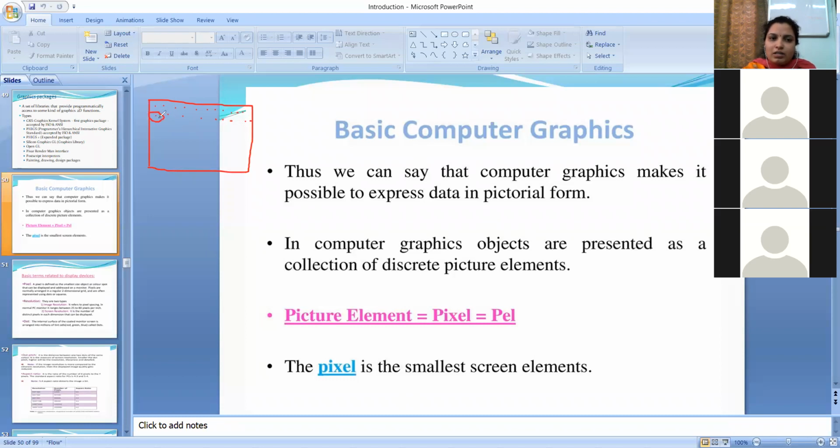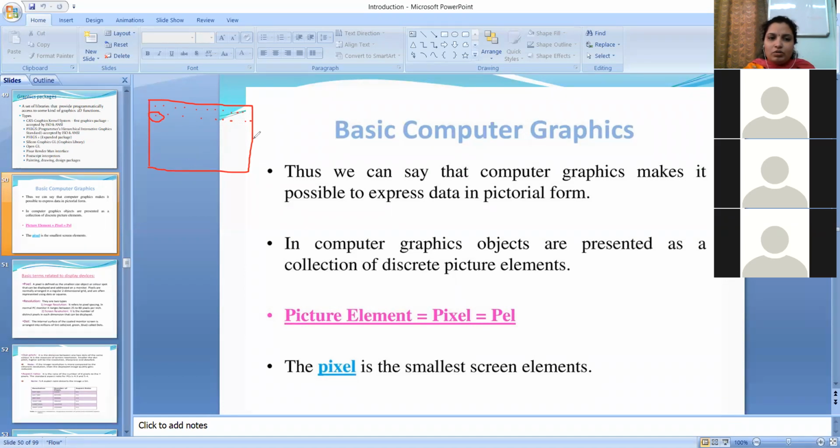Now as this element is similar to a point, it has its x and y coordinate. If I want to plot any point on a graph, what should I know? I should know its x and y value, then only I can plot it on the graph.